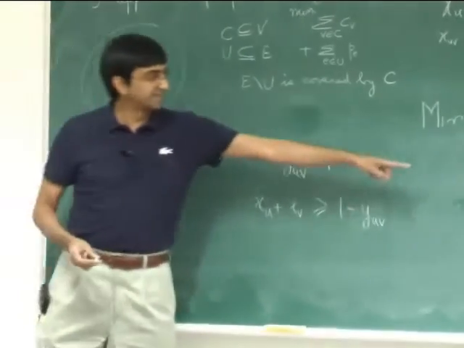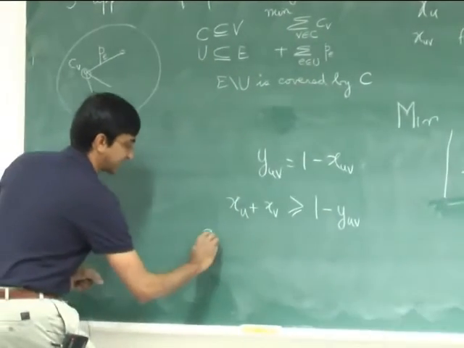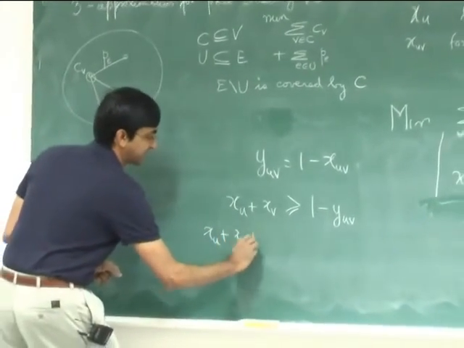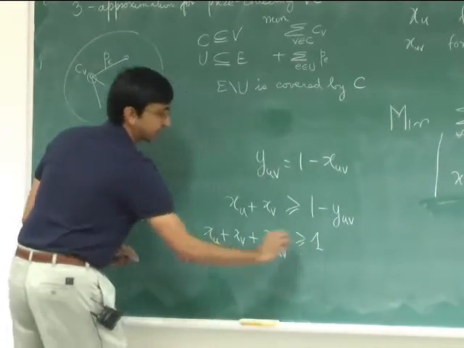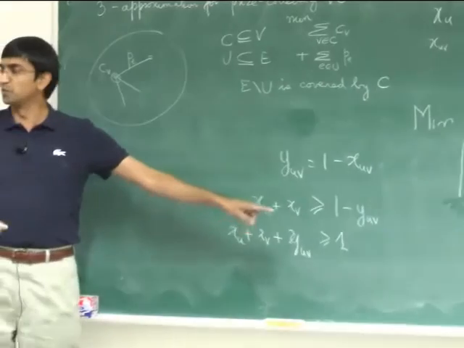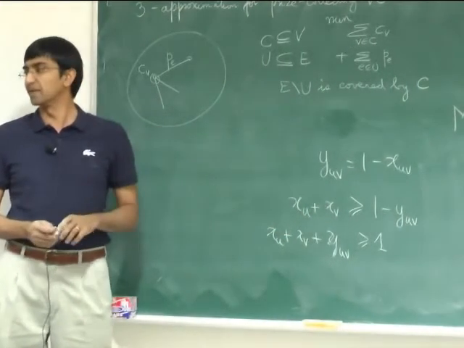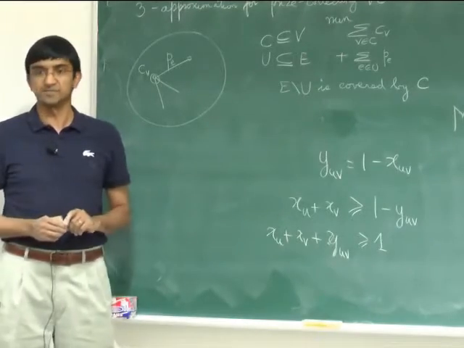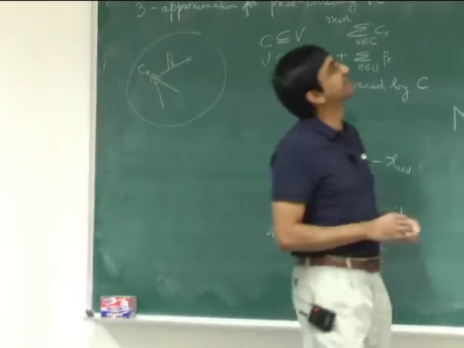I just replaced XUV by 1 minus YUV. So now you move this to the other side and you get XU plus XV plus YUV greater than or equal to 1. There are 3 things which sum to 1, so one of them should be at least 1/3. That's his algorithm. Okay, same thing. Great, 10 minutes, we are done.